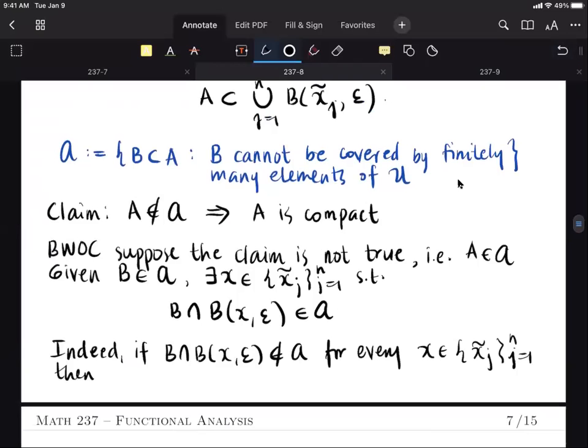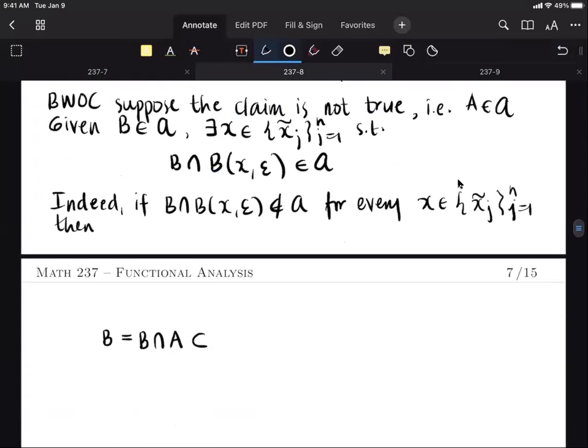So applying the distributive law, this is a subset of B intersection the ball centered at x tilde j with radius epsilon, j from 1 to n.